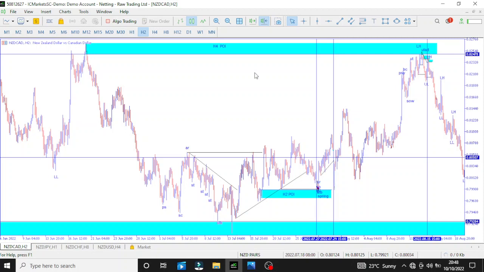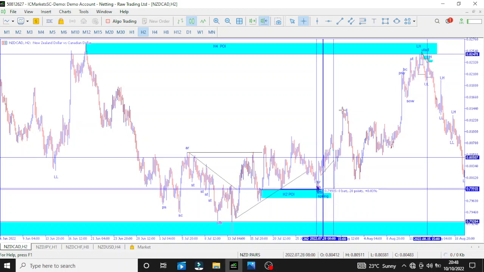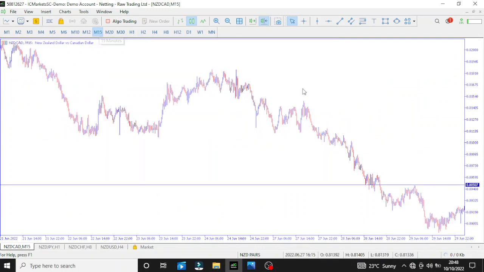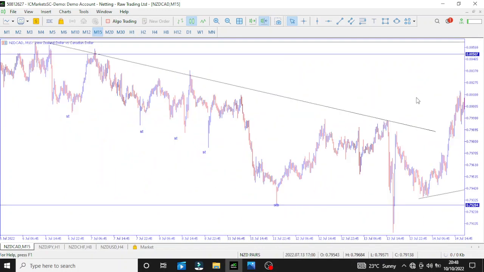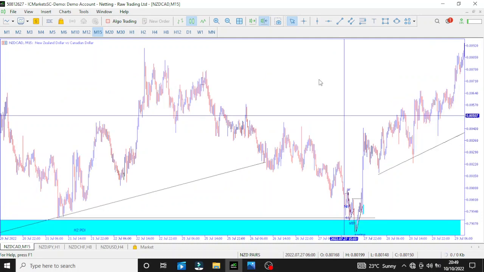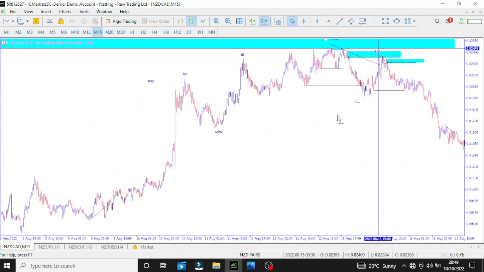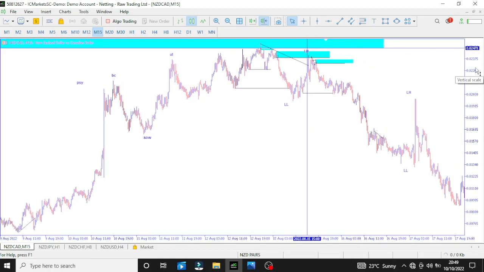You see, time and price, sessions are really important, guys. And on this trade right here, let me do a quick trade breakdown. I won't get into the details, but I'll just go through.